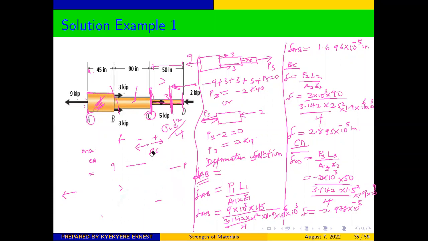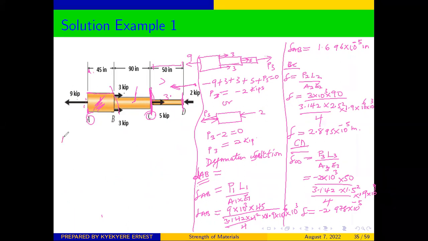So having stated that, let us now put the deformation, because the question says that we should calculate the displacement of point C with regards to point A, which means that we are starting from point A. We are taking point A as our focus.